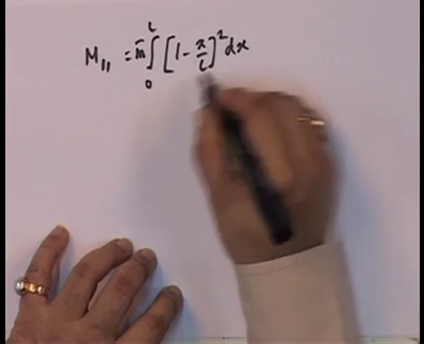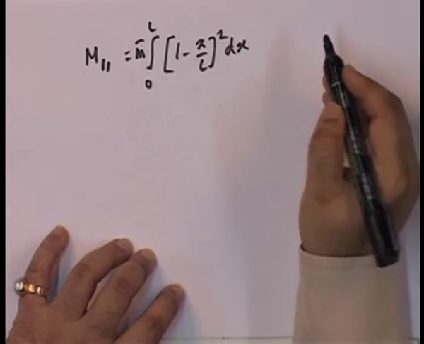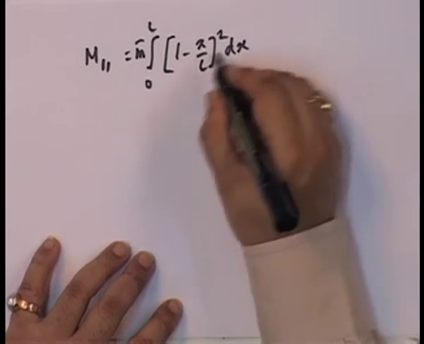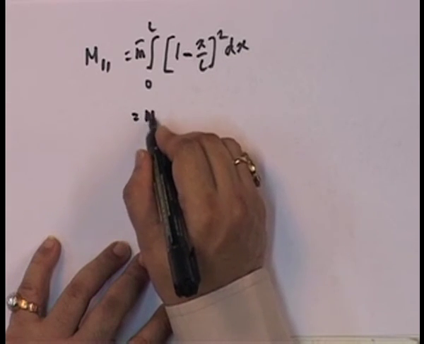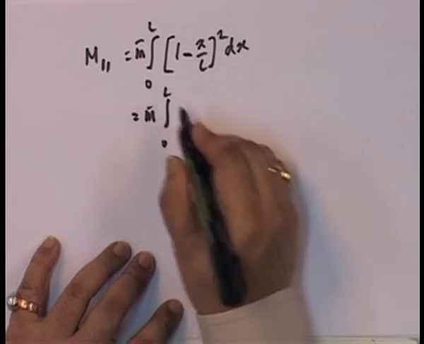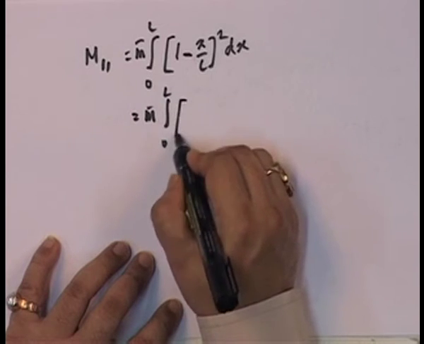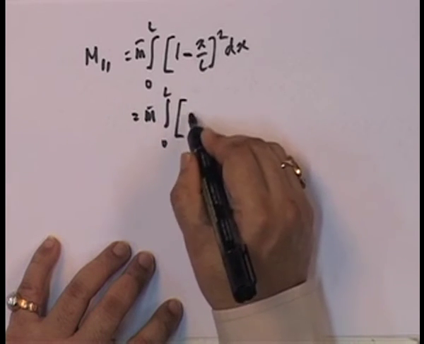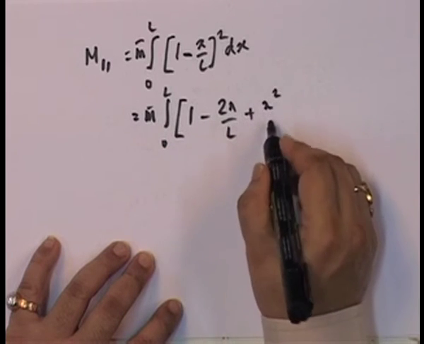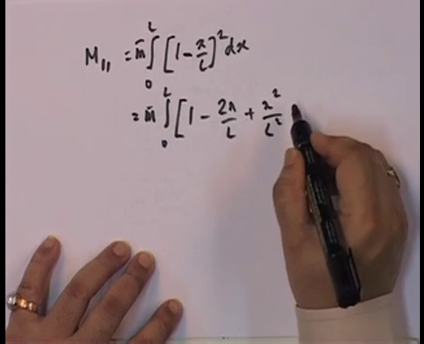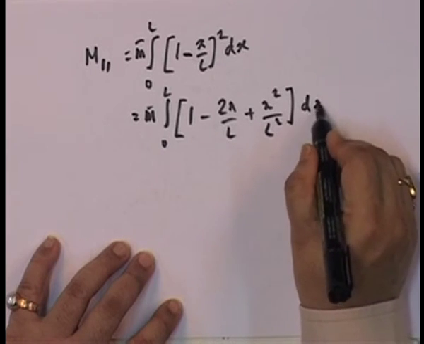Expanding this, m bar times the integral from 0 to L of 1 minus 2x by L plus x upon L squared dx.